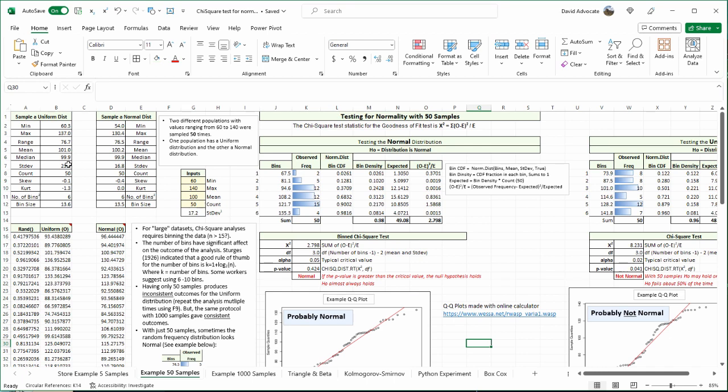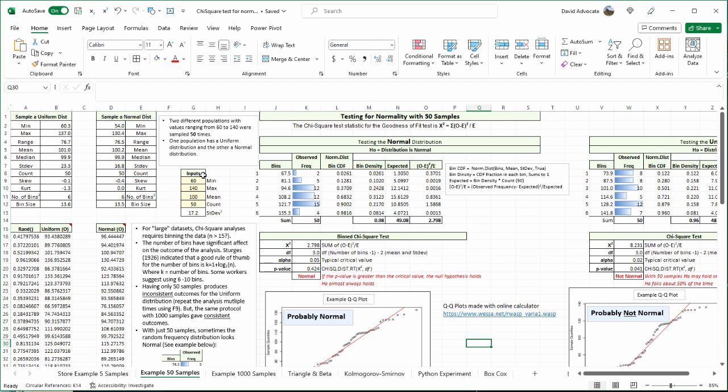It's got a fairly broad standard deviation and no skewedness per se, and some kurtosis. And for the normal distribution, again, the mean and the median are about the same. The standard deviation is smaller, and there's very little skewness or kurtosis.